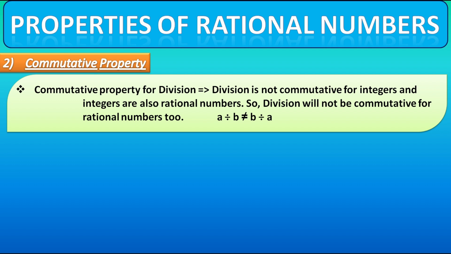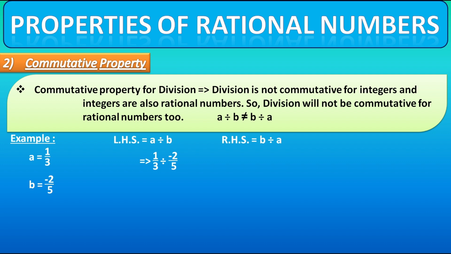Let's check with the help of an example once again. So here I am taking the value of A as 1 upon 3 and B as minus 2 upon 5. So we have to find out A divided by B first of all. So A, which is 1 upon 3, should get divided by minus 2 upon 5. As per the rule of fractions, we change the division sign to multiplication and find the reciprocal of the second number.